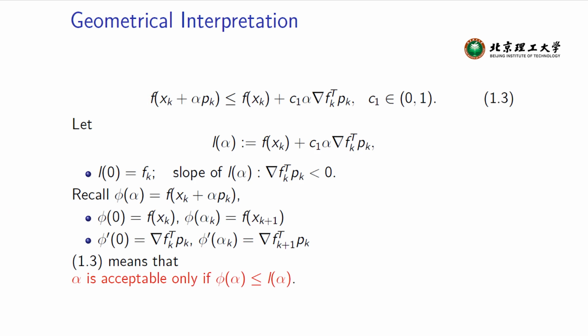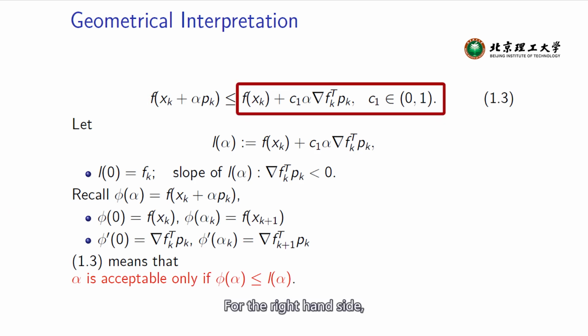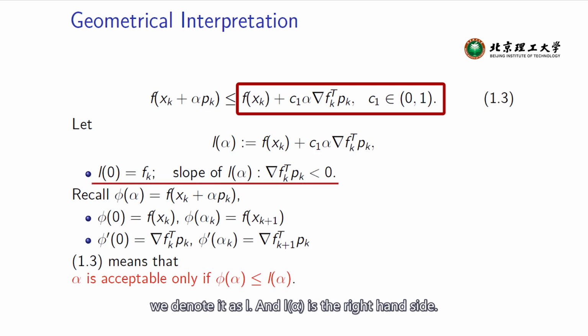For the right-hand side, if we take it as a function of alpha, it is actually a linear function. We denote this linear function as L, so L(alpha) is the right-hand side. The coefficient of alpha in L(alpha) is what we call the slope.